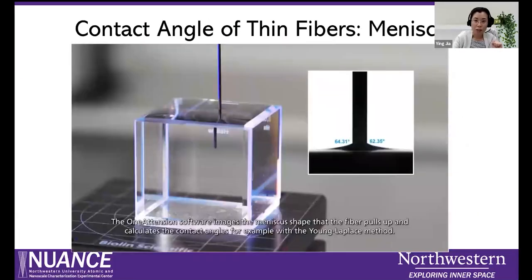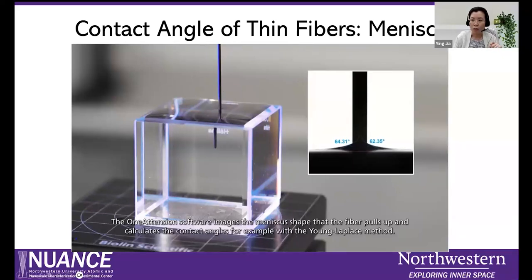Usually most of the samples are planar, like a flat surface, but some also come with irregular shapes. For example, we have thin fibers. It's really hard to drop the liquid onto something like this.